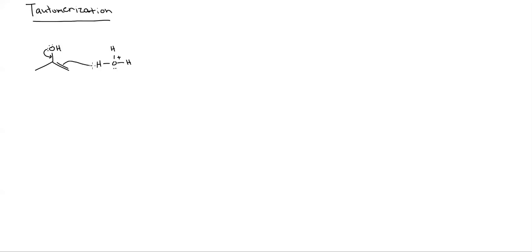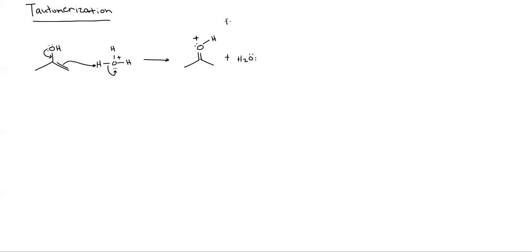So this double bond is going to take a hydrogen off of acid, off of hydronium. And then that gives us this, and this is a protonated ketone currently, right? Protonated acetone. And this also gives us water, right? H2O.